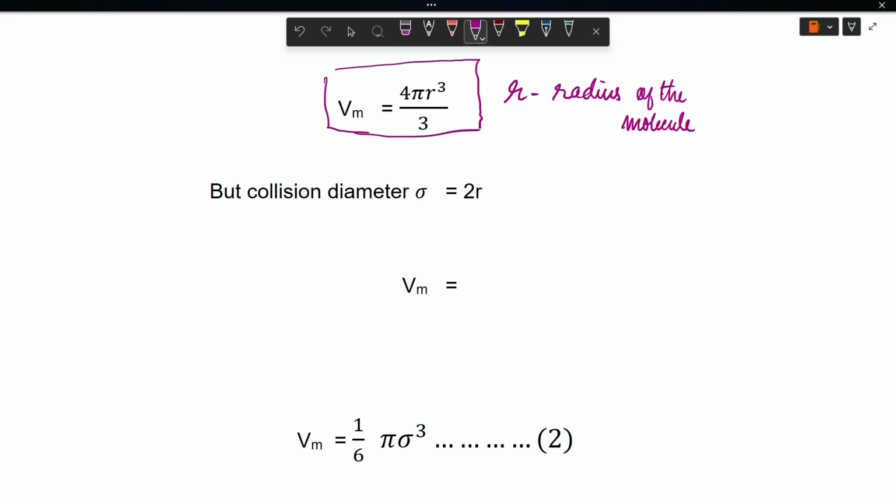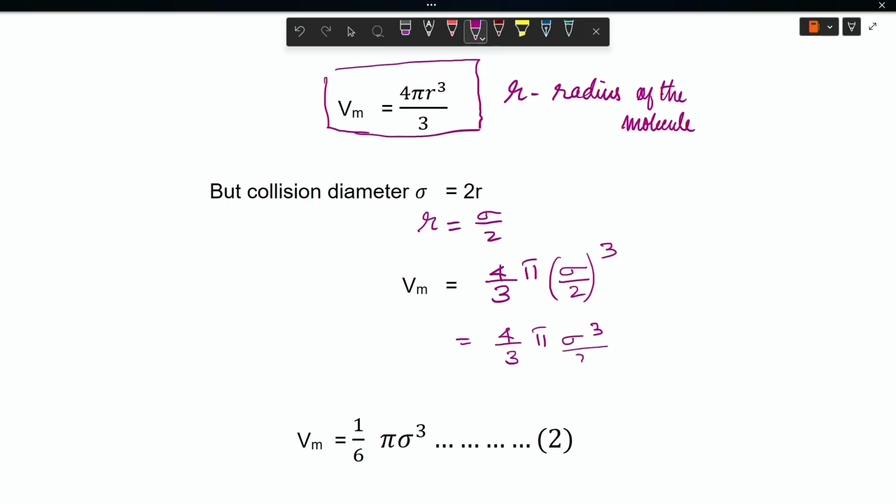So, Vm we can substitute as 4 by 3 pi r cube, where r will be equal to sigma by 2. So, that will be 4 by 3 pi, sigma by 2 whole cube, that is 4 by 3 pi sigma cube by 8, since 2 twos are 4, 4 twos are 8.